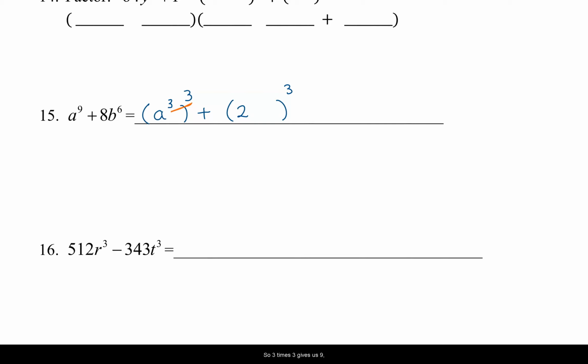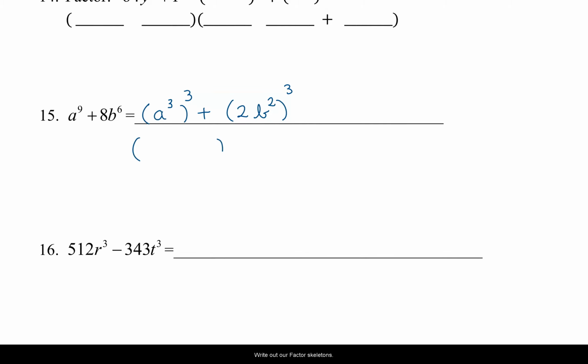So 3 times 3 gives us 9, which is how we know this is going to work. One of the properties of exponents that we can take advantage of. So for the b to the 6th, well, 6 divided by 3 is 2. So I want a b squared inside that parentheses.